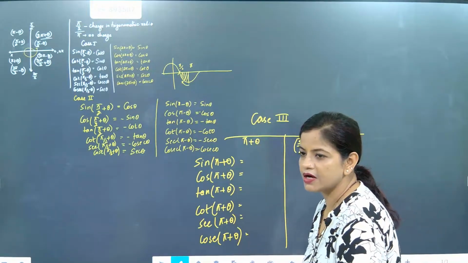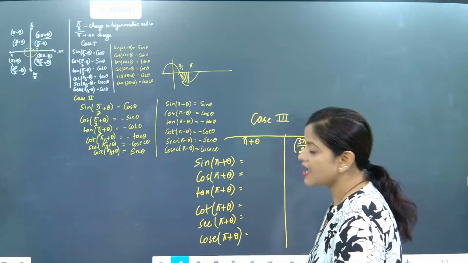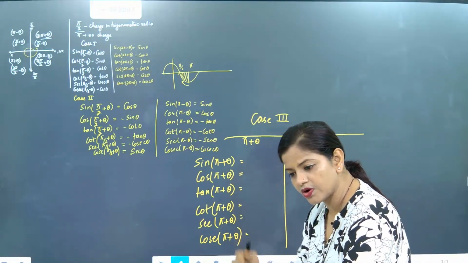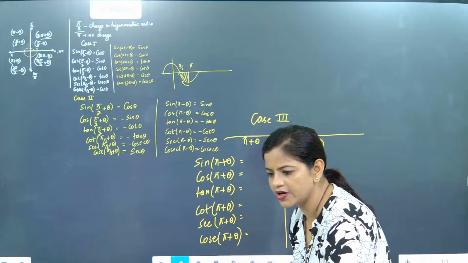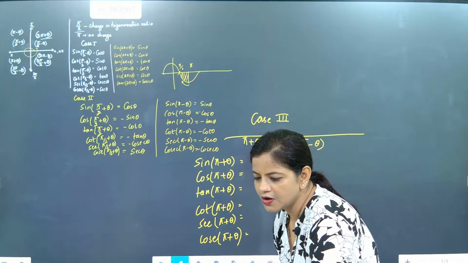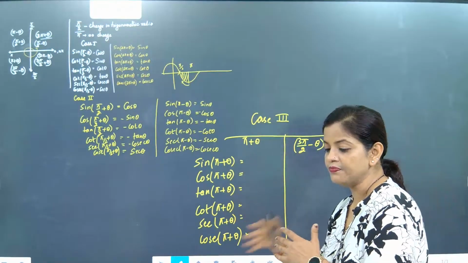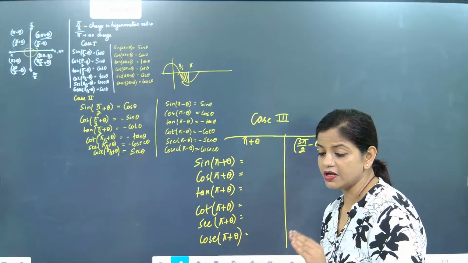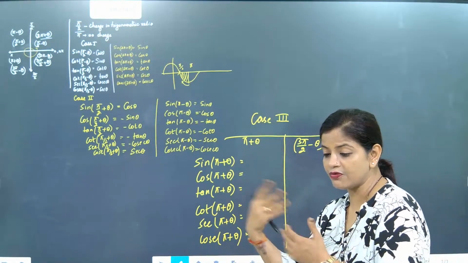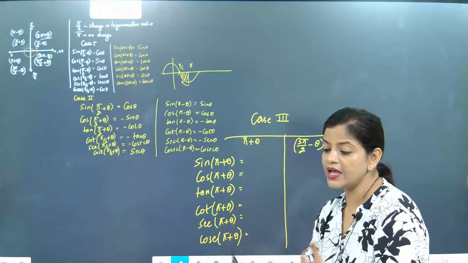Now, what will sine become? In the sine part, just remember this one: sine is exactly third quadrant. The moment we go to the third quadrant, the graph of the trigonometric ratios will behave differently.